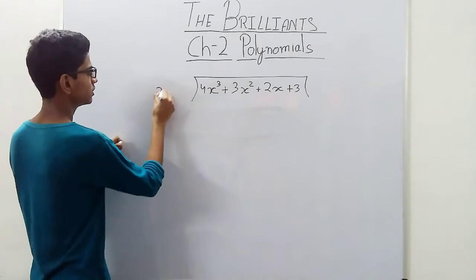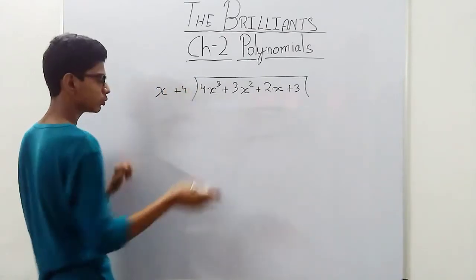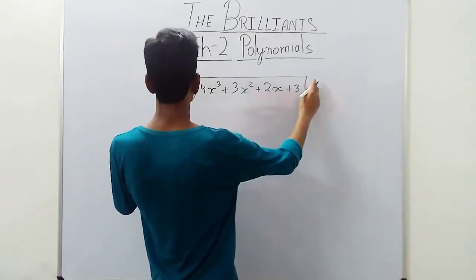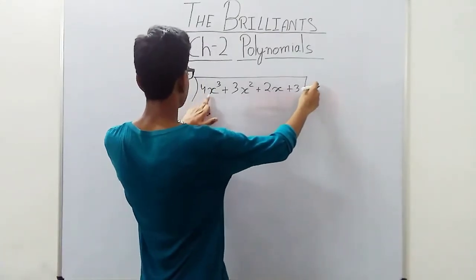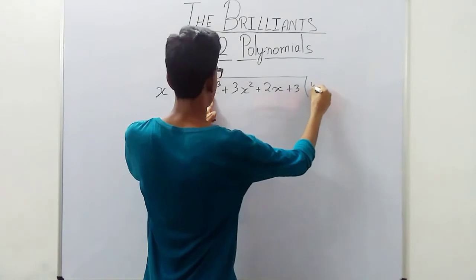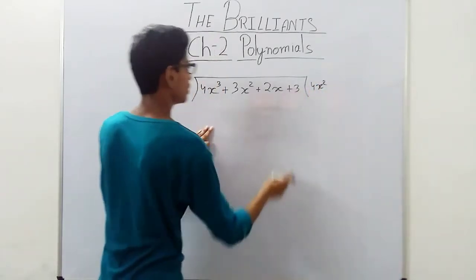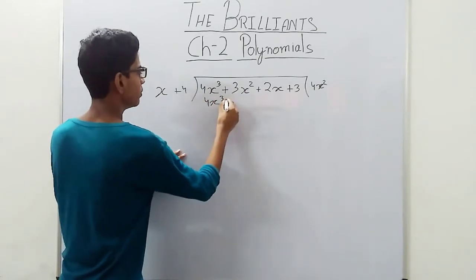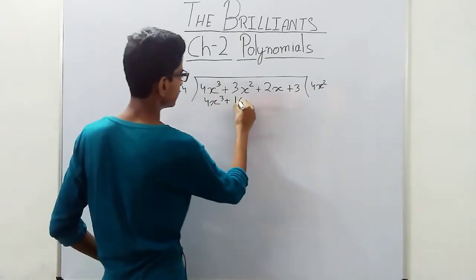The divisor will be x plus 4. So now let's divide. First it will go with 4x square. Now 4x square times x will be 4x cube, and 4 times 4 is 16x square.